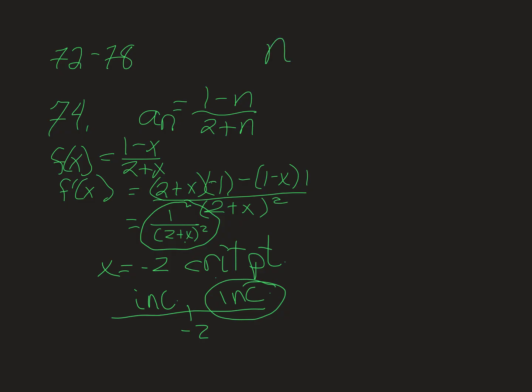So based on this, and because it's a sequence, the n values have to be essentially greater than or equal to 0. Integers greater than or equal to 0. So we're really looking at this half of the graph.